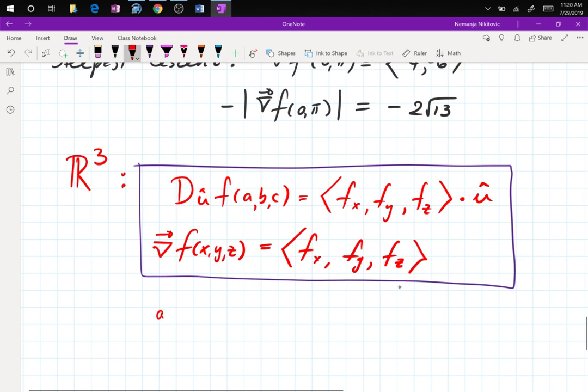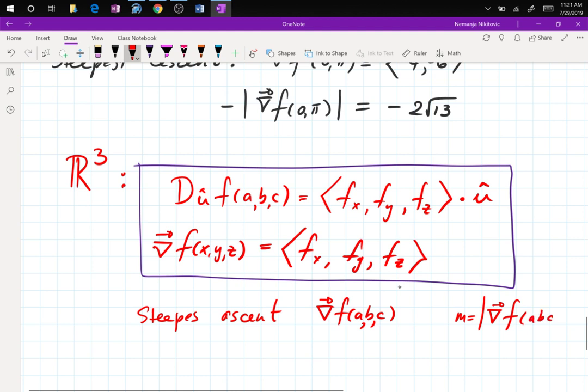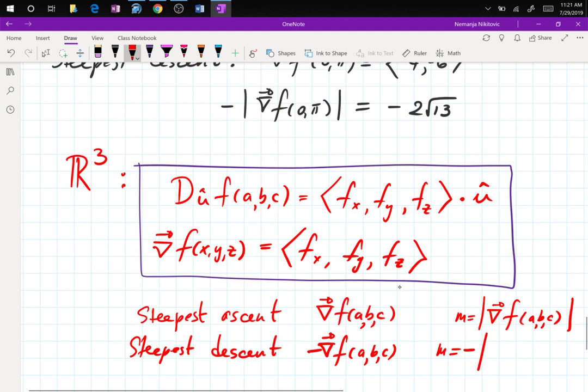So we still have steepest descent with a del f at (a, b, c), with the slope m being the absolute value of del f at (a, b, c), and steepest descent is in the direction of negative del f at (a, b, c) with a slope of negative the magnitude of del f at (a, b, c).